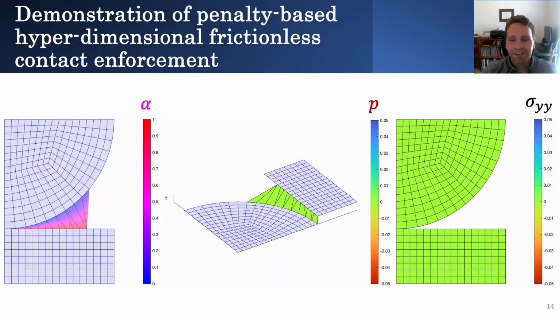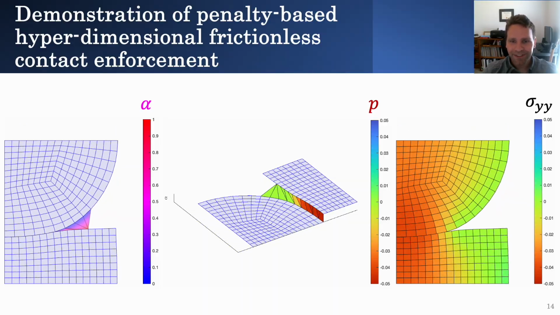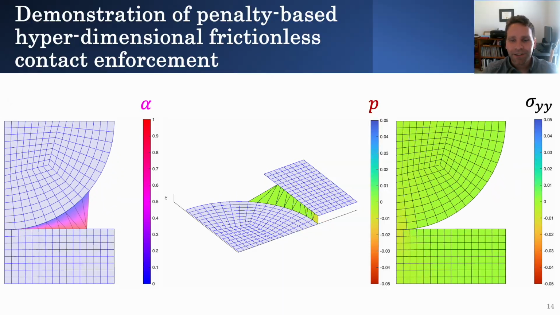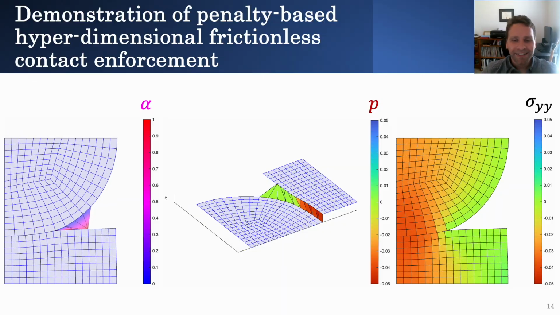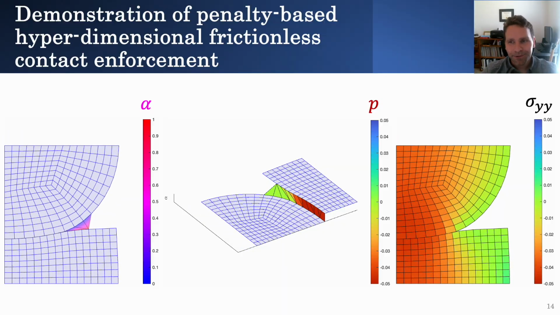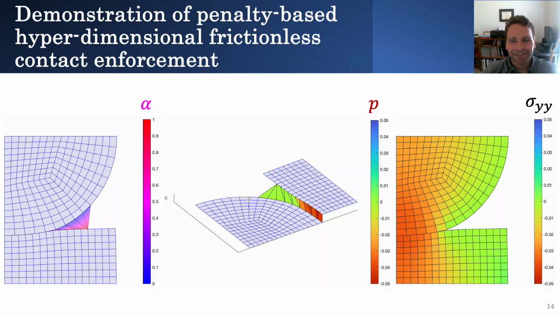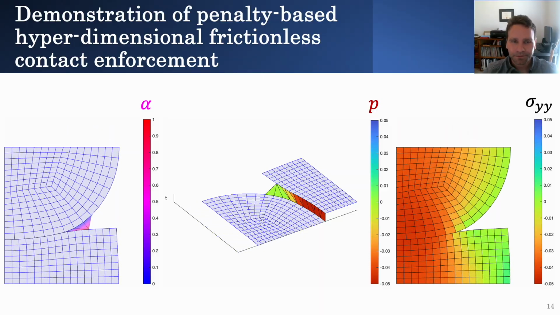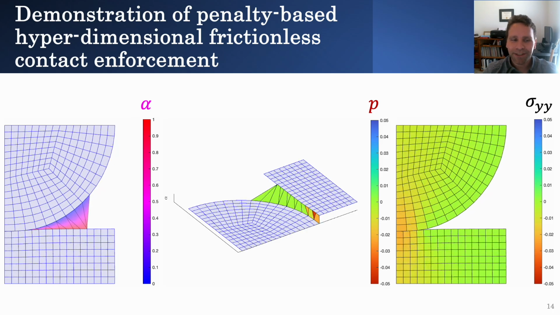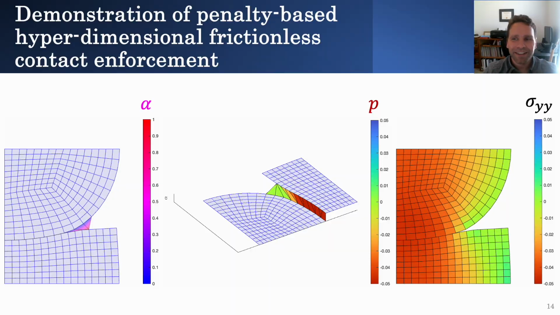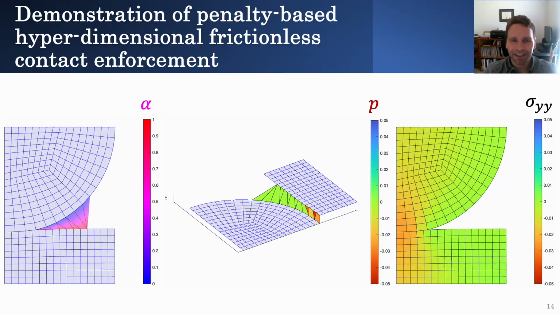And a lot of that has to do with the quality of the discretization that I'm using. I'm using a combination of quadrilateral elements and triangular elements. And, everybody knows, triangular elements are not particularly advantageous. They suffer from accuracy issues. And partly the issue is also to do with the fact that I'm just using a single layer of these hyperdimensional interface elements.